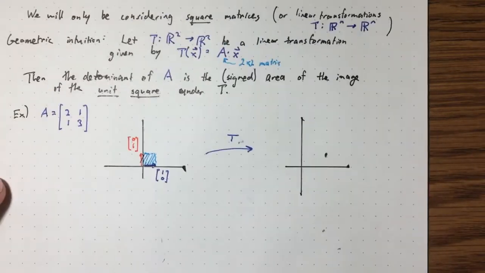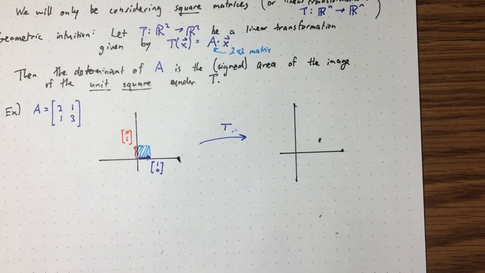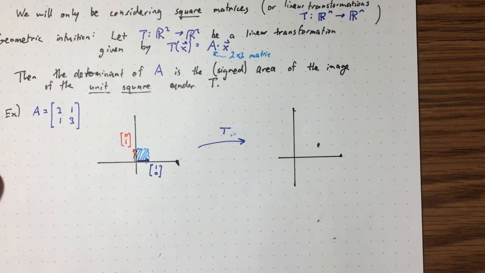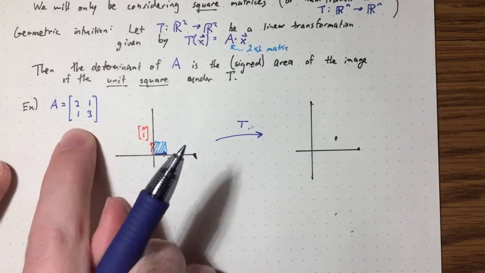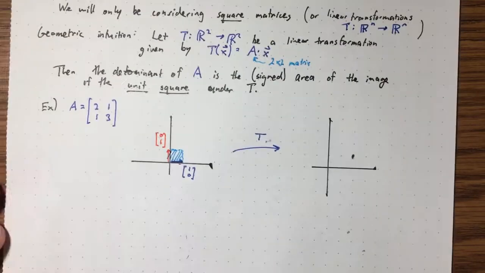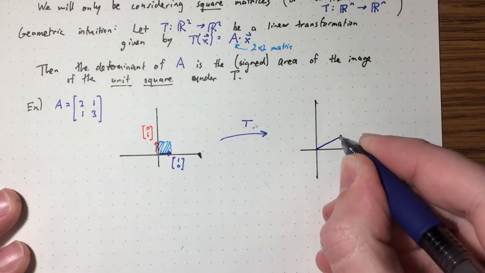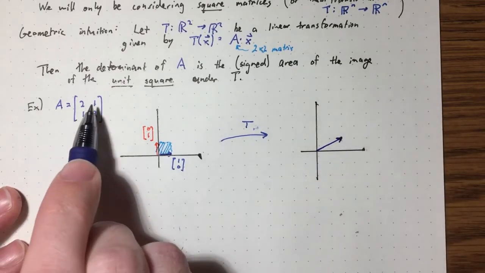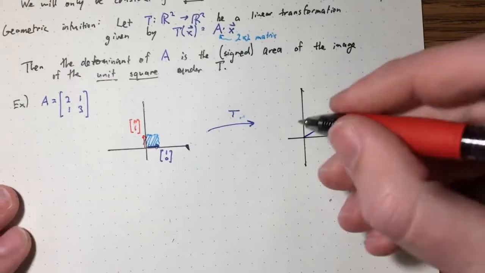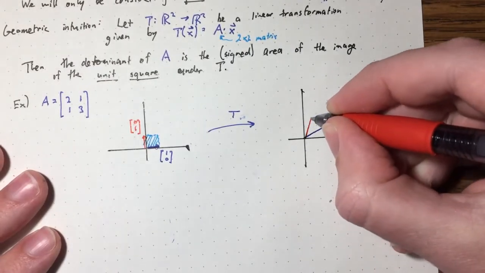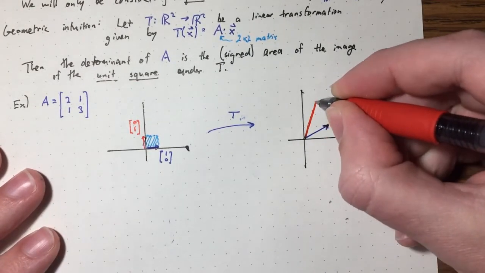What's going to happen to that square? Well, this matrix tells me everything, right? Because what is this vector 2, 1? That's where 1, 0 gets sent. So that's right here. And then what about this vector 1, 3? That's where 0, 1 gets sent. So let me draw that in red. So that's this vector here.